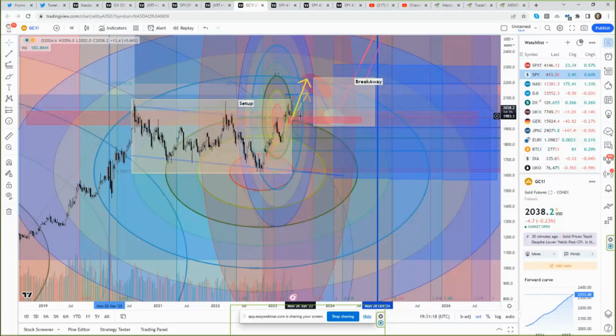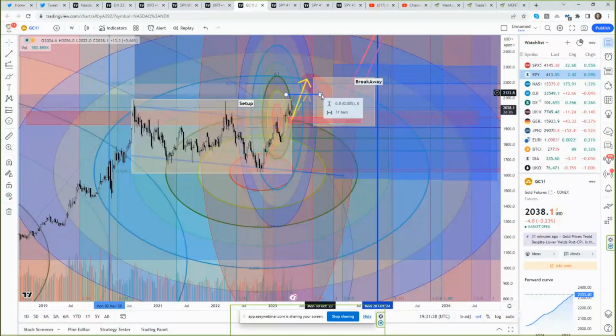And what this is going to do is give us the ability to buy back into gold and silver and to present a real opportunity for the next upside move. The next upside move is going to put gold and silver up around 2023 to 2230 to 2250.